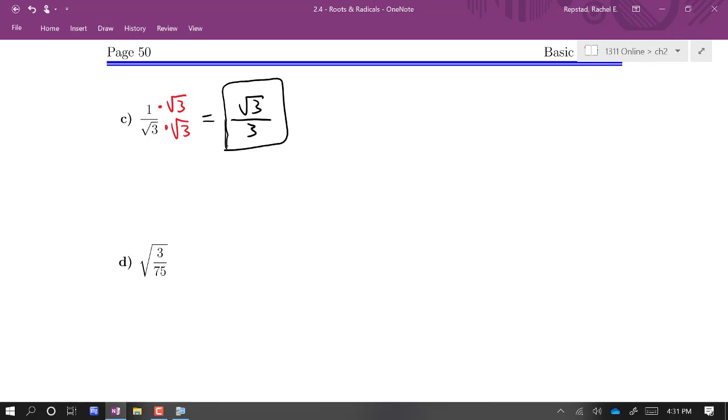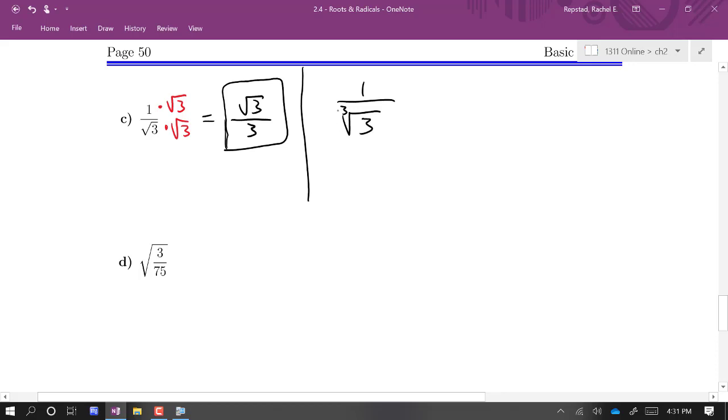I'm going to do an extra example here. Depending on what you're starting with will depend on what factors you need to add in. So here, when it's a square root in the bottom, it suffices just to multiply by that square root on the top and the bottom. However, suppose I had 1 over the cube root of 3.